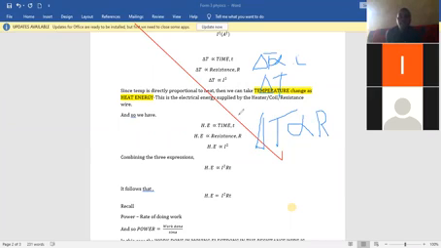Directly proportionality means when one increases, the other one increases. So we have got those three equations.